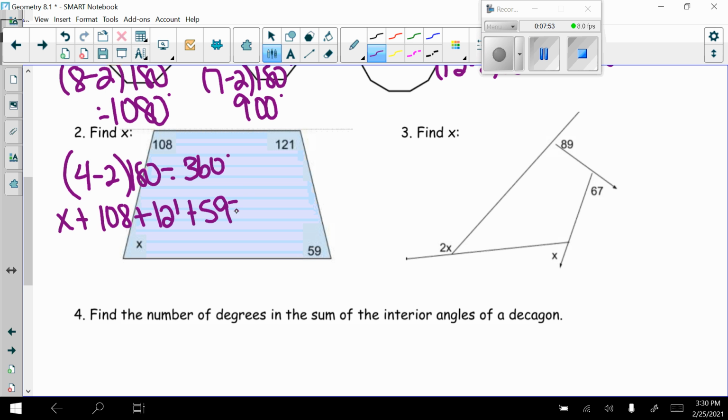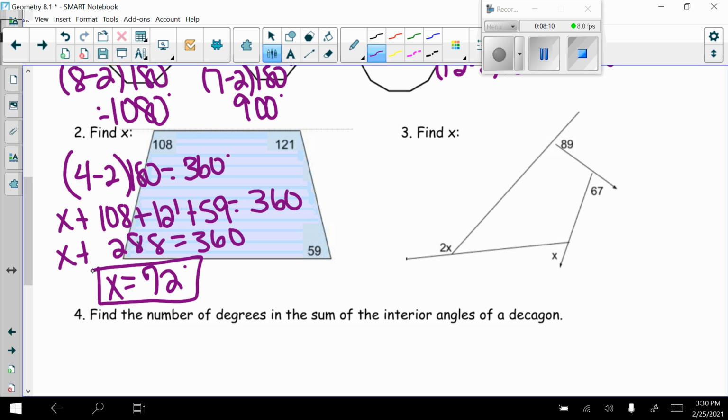I'm going to add up all my angles. They have to equal 360. When I add all those up, I get x plus 288 equals 360. I'm trying to solve for x, so subtract 288 from both sides, and I get x is equal to 72 degrees. It's an angle, so we keep our degree sign.